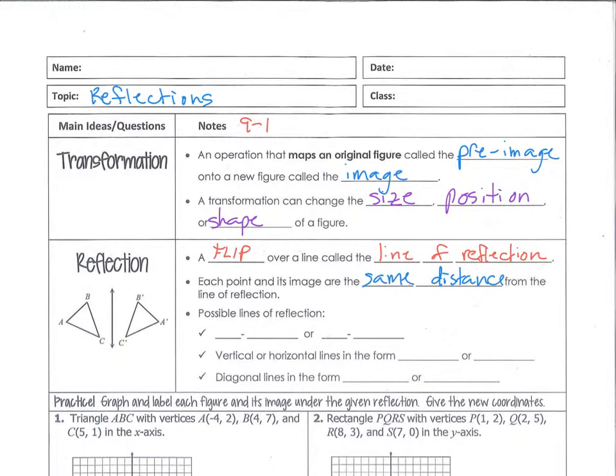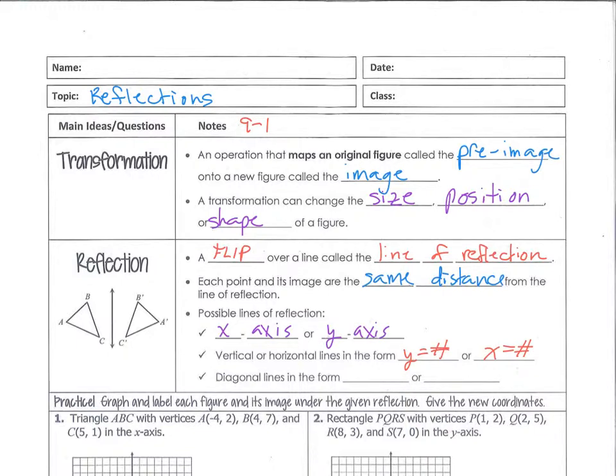So you could have the x-axis or the y-axis. You could have a vertical or horizontal line in the form of y equals a number or x equals a number.